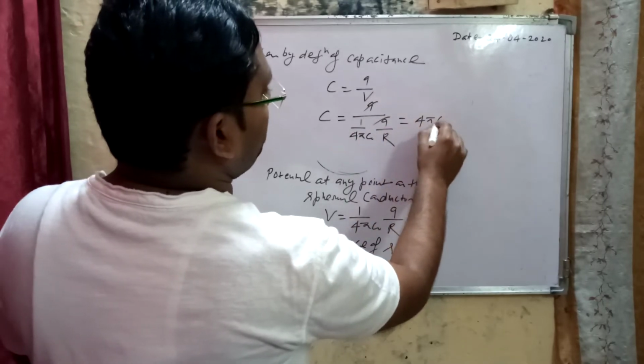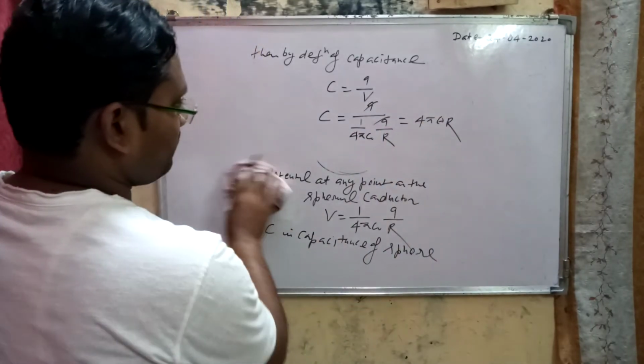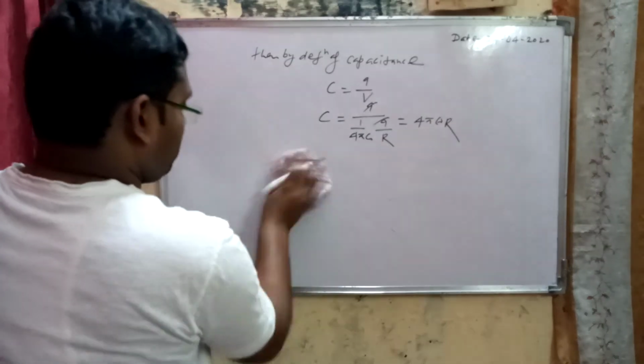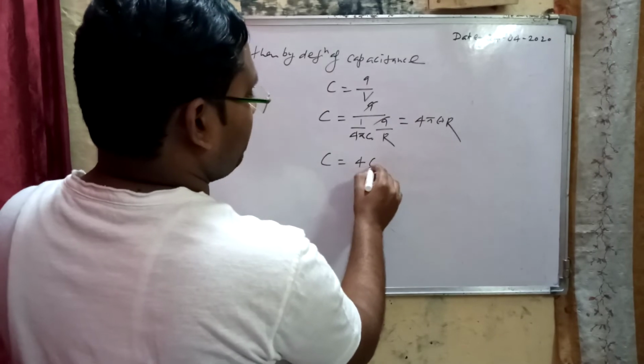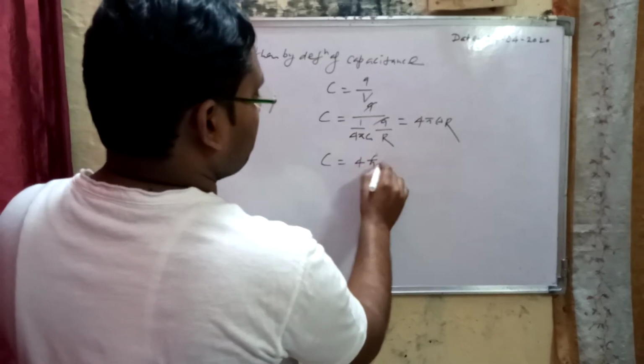This one is 4 pi epsilon naught R, the expression for the capacitance of an isolated spherical conductor.